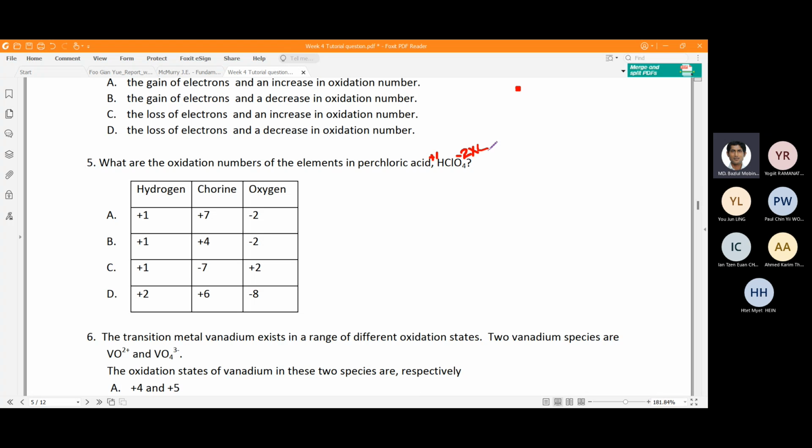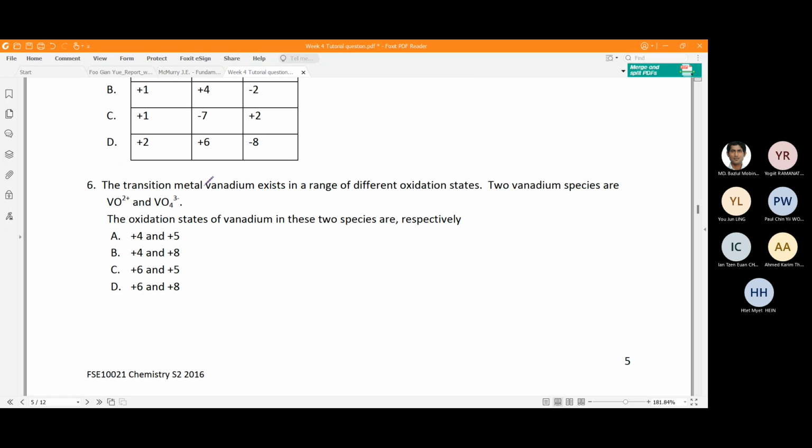So it will be positive and negative, and there are 4 oxygen atoms. And then chlorine, it varies. We have seen already that, like the transition elements, it also varies quite much. So we can just consider it is +X, and then equate it, we see that it is +7. So hydrogen is +1, chlorine is +7, and oxygen is -2. So A is the correct answer.